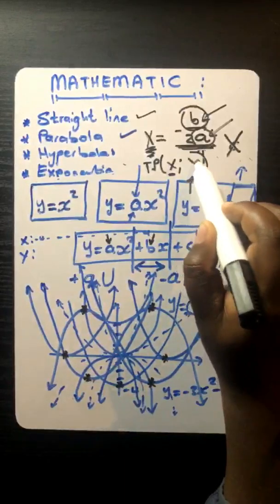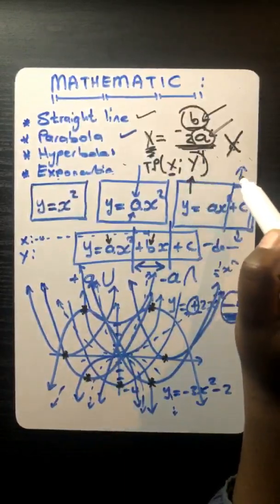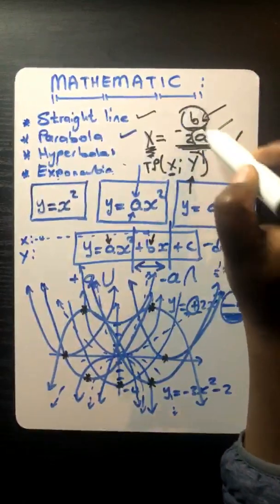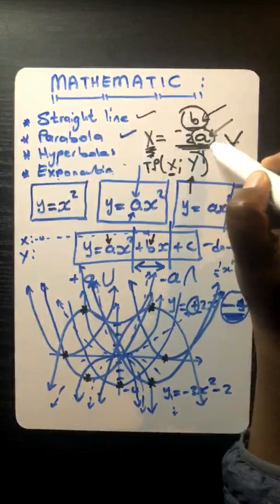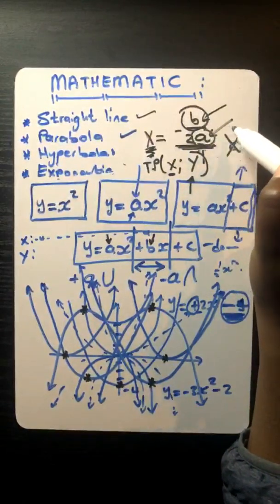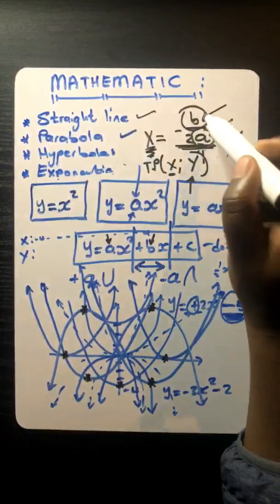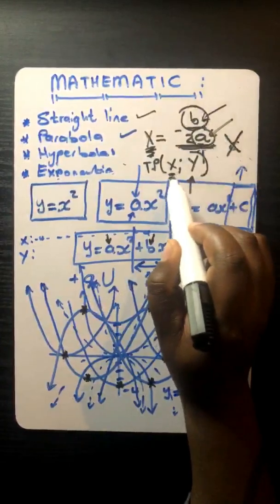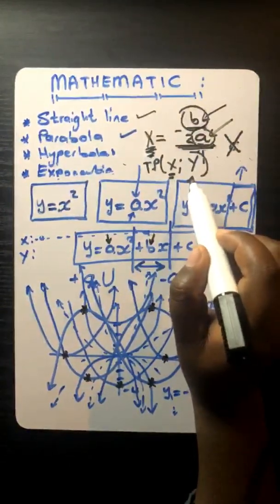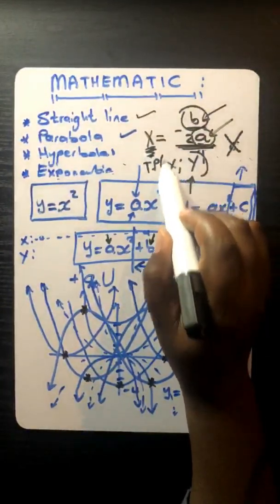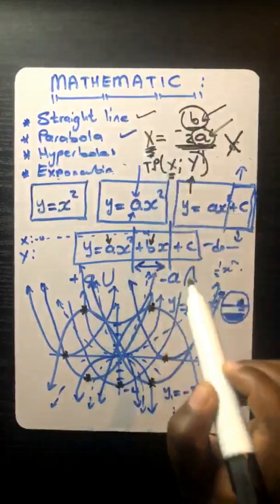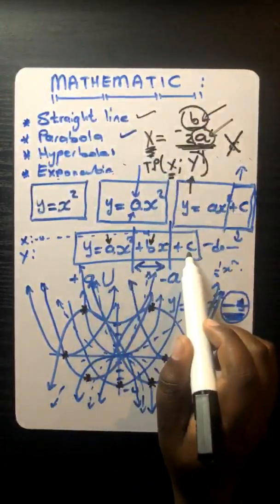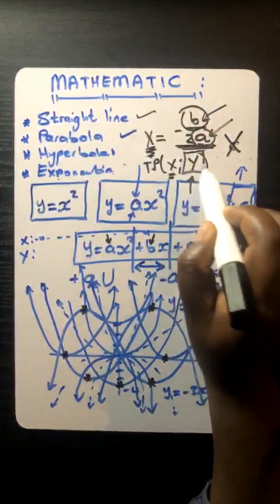So, Given, in answering your question, yes, the b and the a value have an influence on your turning point, in a sense that you use the b value and the a value to calculate the x value of the turning point, and that same x value you substitute into the equation to calculate the y value.